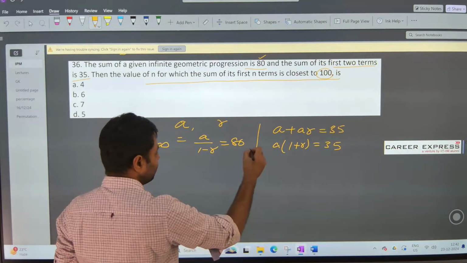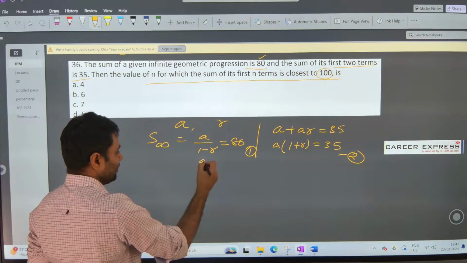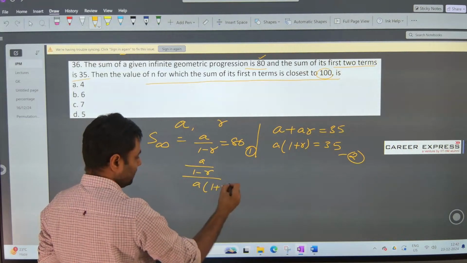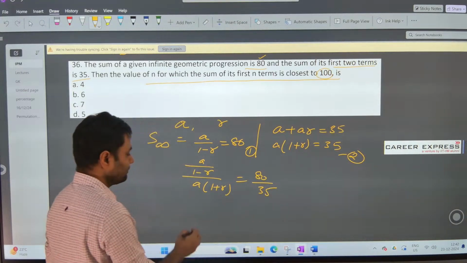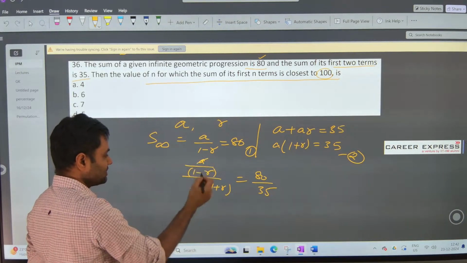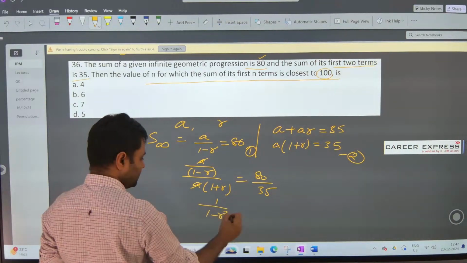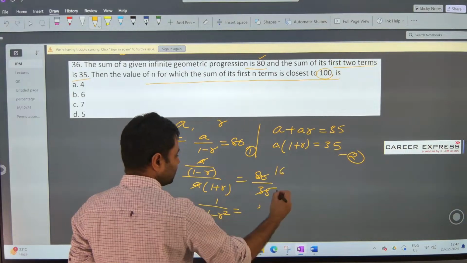So if I divide the first equation by the second equation, A upon (1 minus R) upon A into (1 plus R) should be 80 by 35. So A gets cancelled. So what do we get? 1 upon (1 minus R square) is 80 by 35, or we can cancel it to 16 by 7.